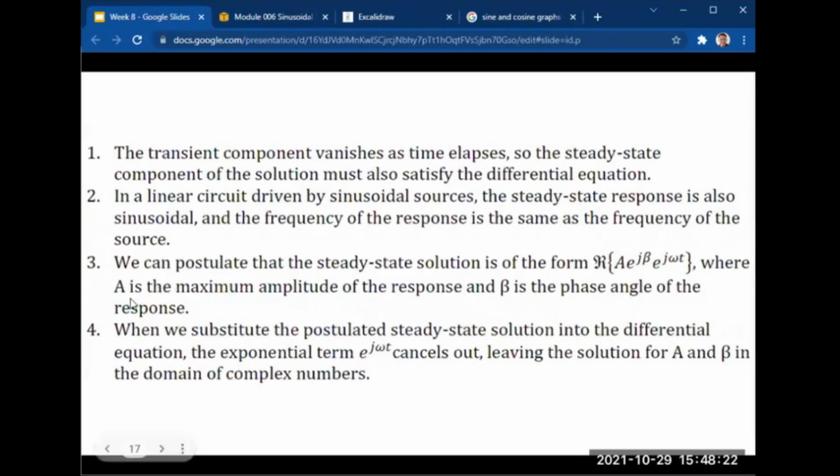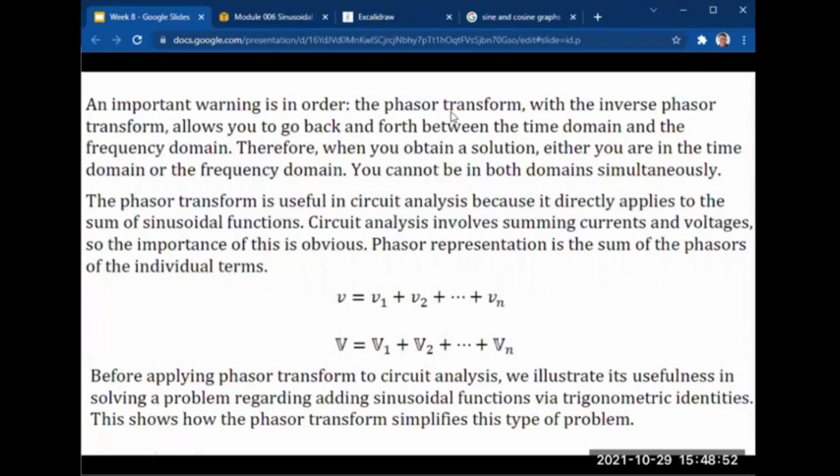Number three, we can postulate that the steady state solution is of the form, okay, so this one, where A is the maximum amplitude, and beta is the phase angle of the response. When we substitute the postulated steady state solution into the differential equation, the exponential term e raised to j omega t cancels out, leaving the solution for A and B in the domain of complex numbers. So an important warning is in order.